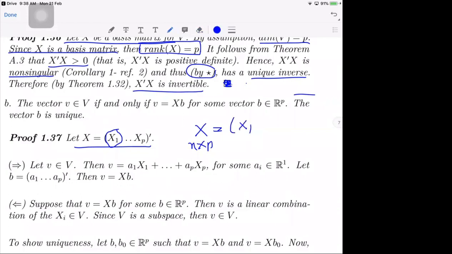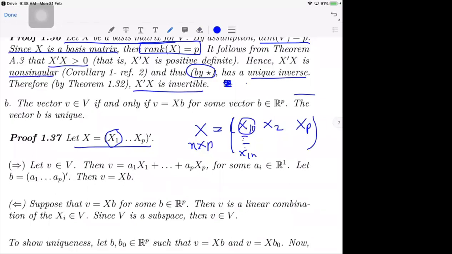So x1, x2, up to xp, but each has n entries: x11 to x1n, and so on and so forth. And there are p of them in total. Okay? So this is an n by p matrix.